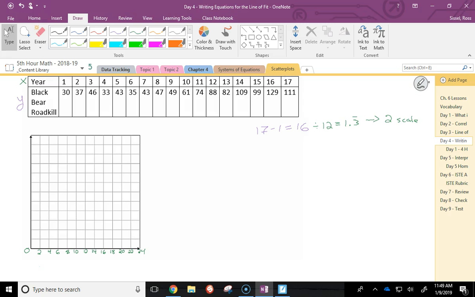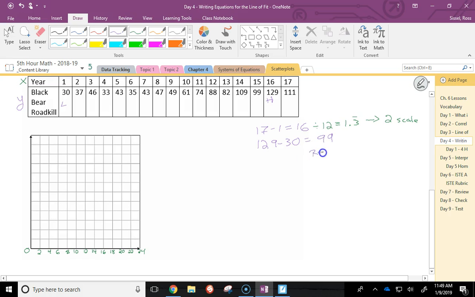You subtract the biggest one from the lowest. Okay, what's my largest value? 129, and 30. Okay. And then you get the number and then you divide that by... So 129 minus 30 is 99.